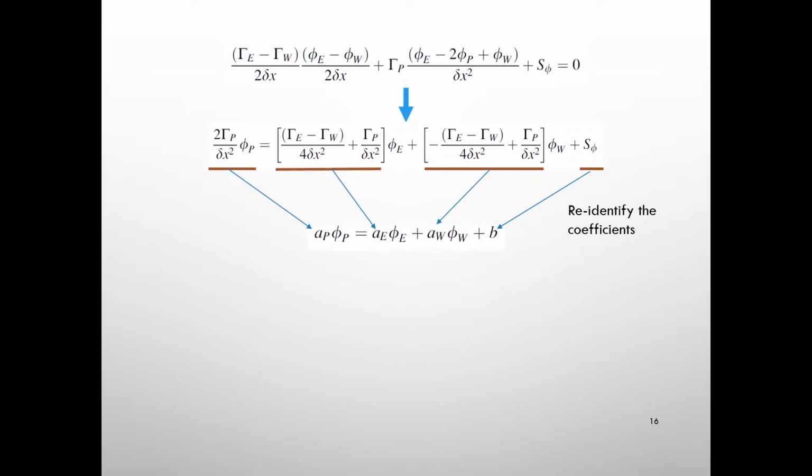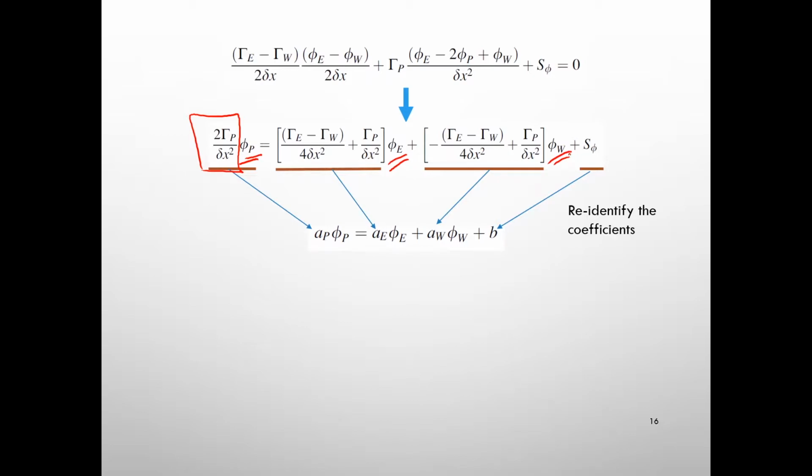Okay, the equation just now can be rearranged in this way, where we factorize all the coefficients of each of the properties. We separate all the properties by phi P, the point that we are focusing on, and phi in east and west.